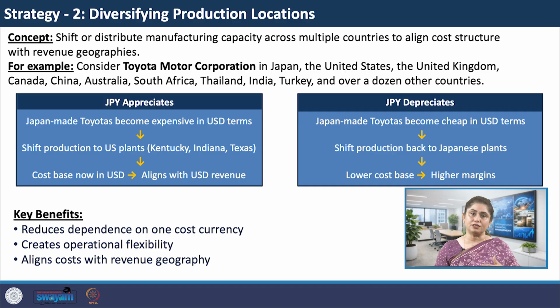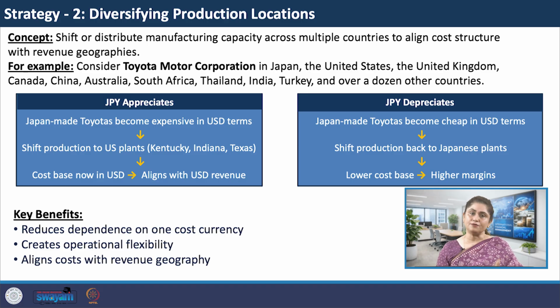And because Toyota is also earning in US dollars in the American market, the two sides are aligned. The exchange rate movement largely cancels out. Margins are protected. Now flip the scenario. The yen depreciates. Japan-made Toyota vehicles become cheaper in dollar terms. Toyota has a cost advantage if it produces at home.